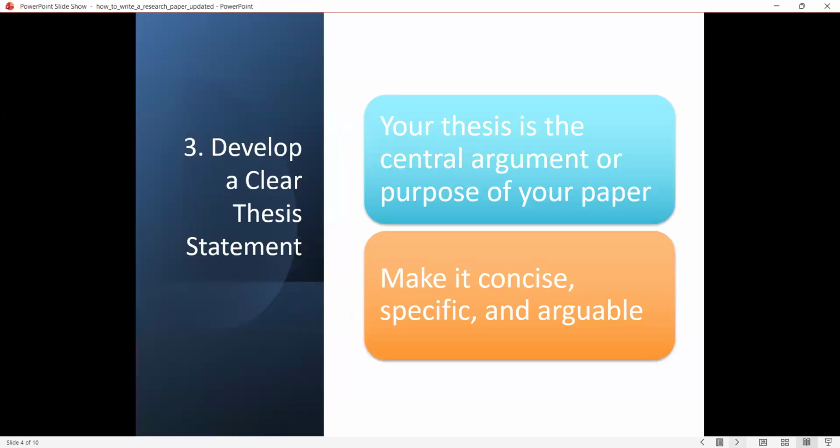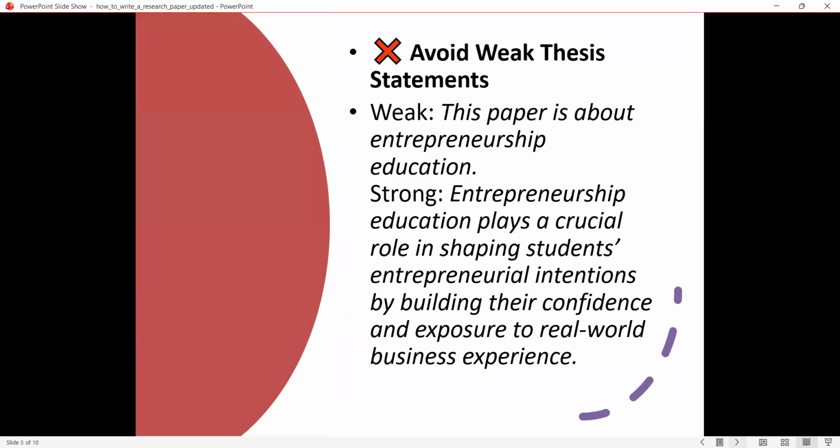Develop a clear thesis statement. The thesis statement is the central argument or purpose of your paper, right? Make it concise, specific, and arguable. Here is the example I mentioned: what is a weak thesis statement and what is a strong one? Look here: this paper is about entrepreneurship education.